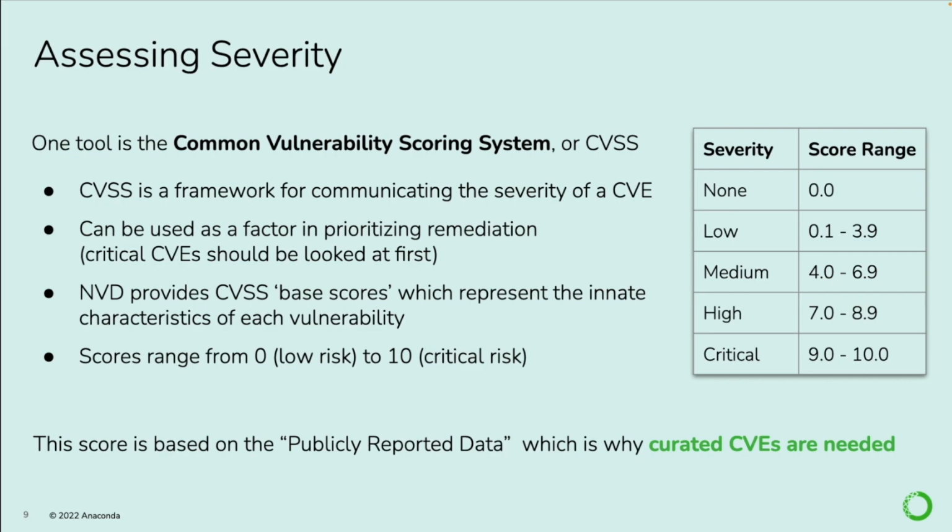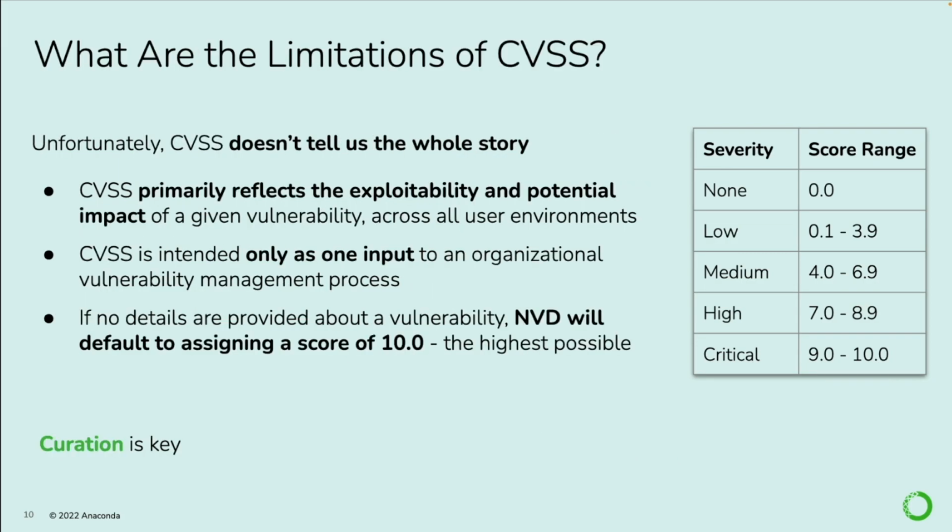It's just how exploitable is it and what is the potential impact across all environments. Again, just to reiterate, this is all based on that publicly reported data in the life cycle that we just talked about, which is why curated CVE data can be very helpful as a way to augment this basic public information.